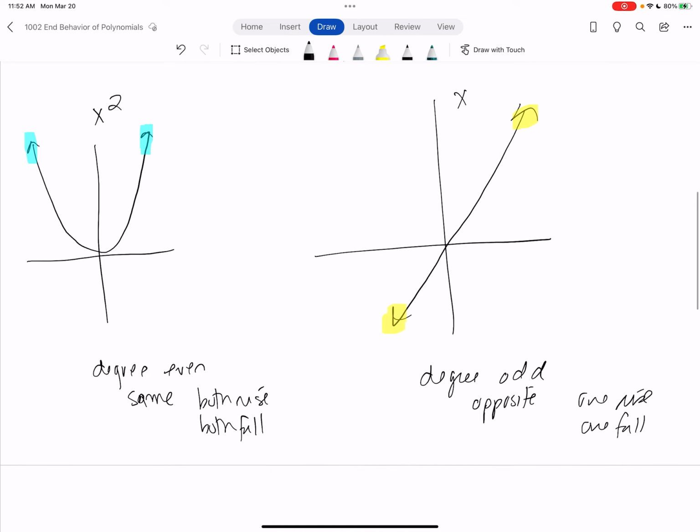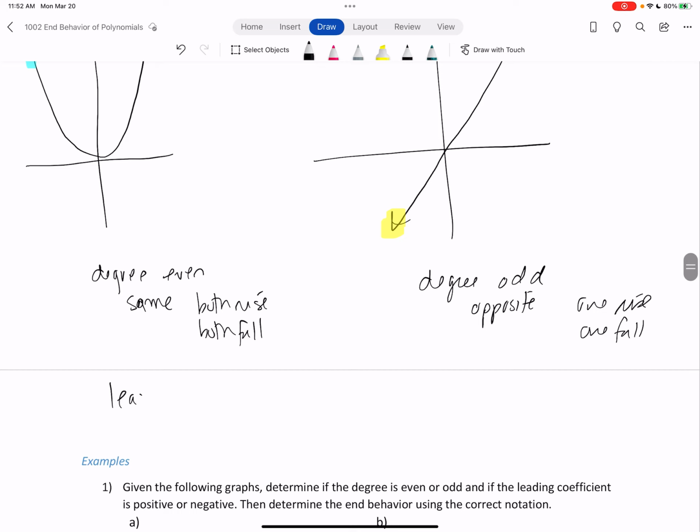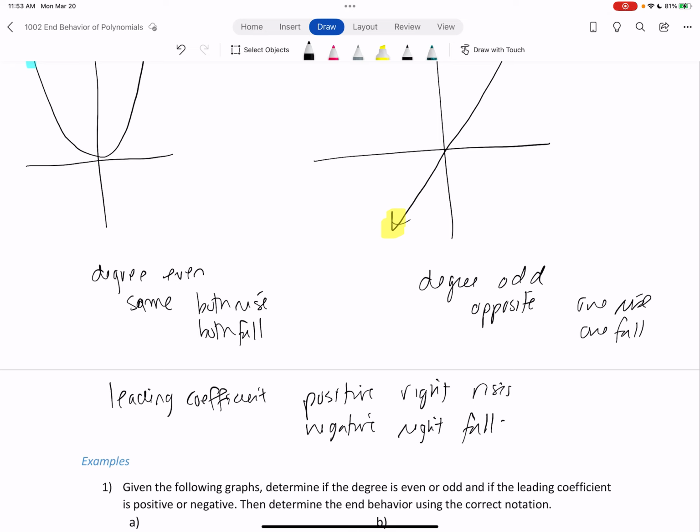The way you can determine whether they're going to do the rising or falling on the right-hand side is by using the leading coefficient. If it's positive, the right-hand side rises. If it's negative, the right-hand side falls.